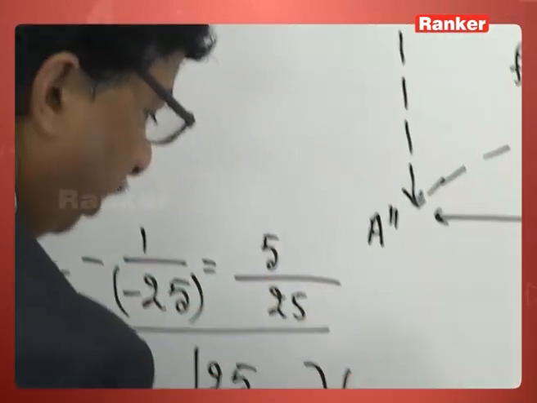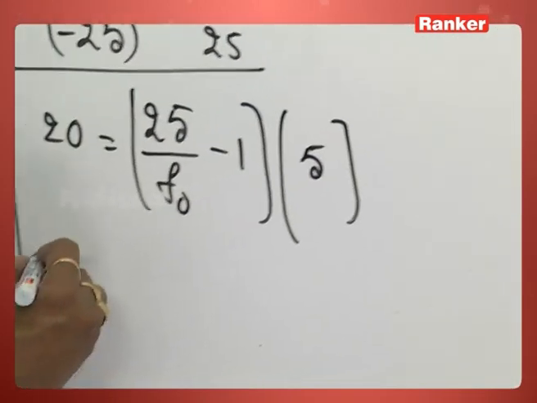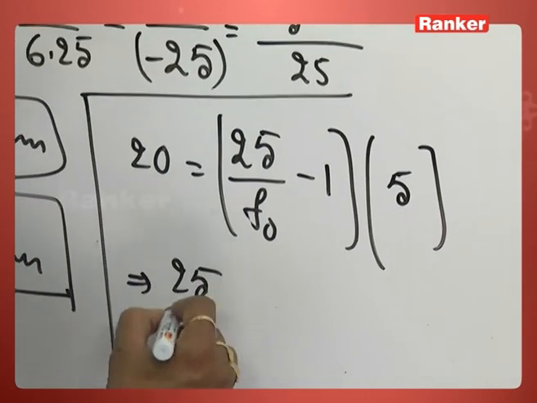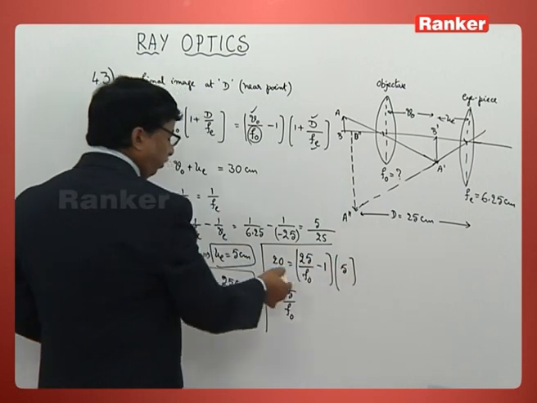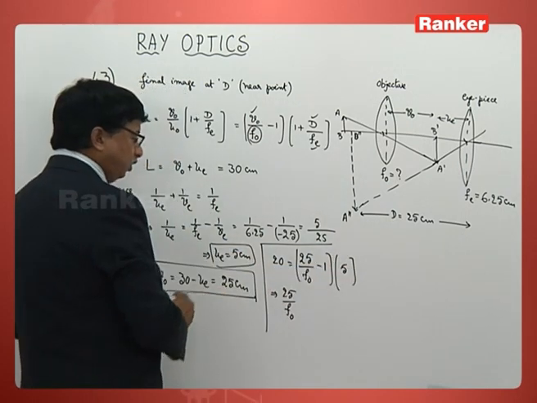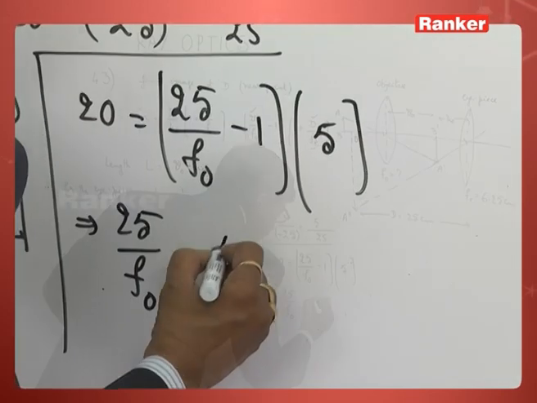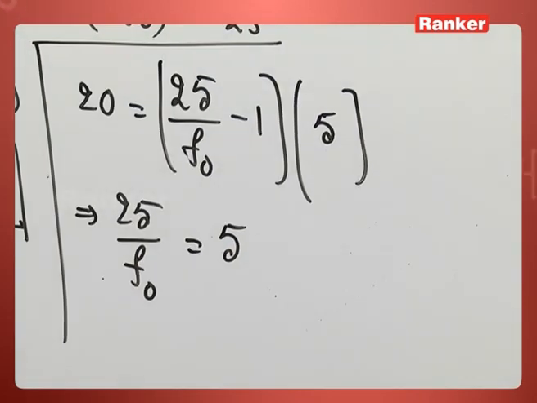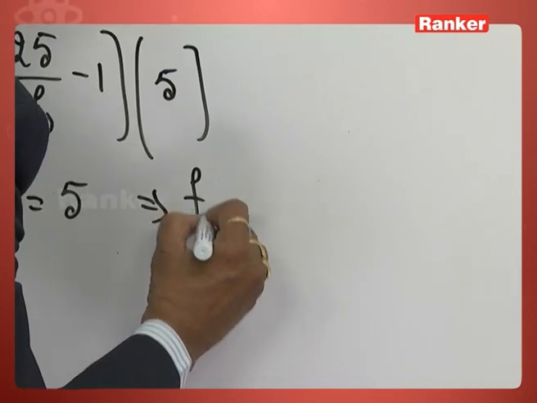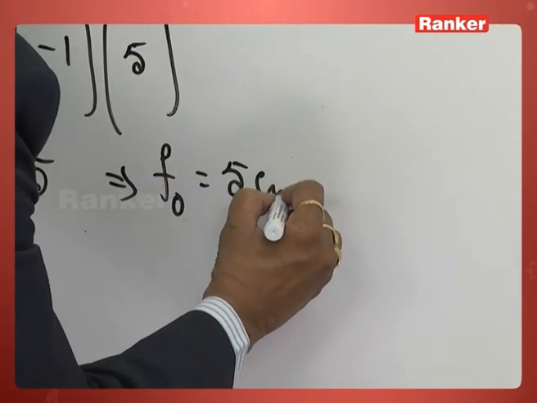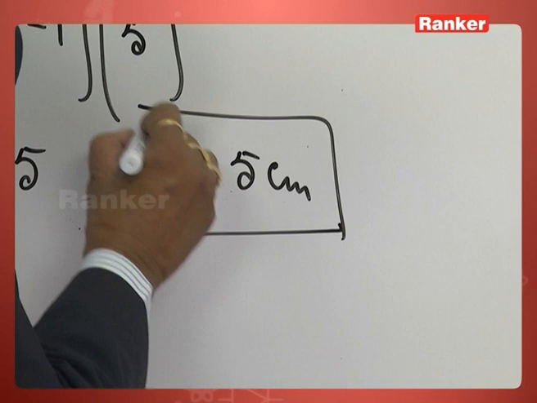So I write 25 by FO minus 1 equals 20 by 5, which becomes 4. 4 plus 1 becomes 5. So what you can understand from this is that the focal length of the objective becomes 5 centimeter.